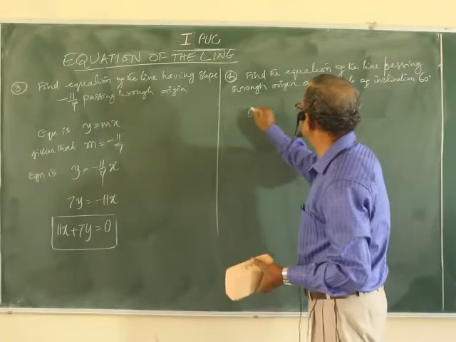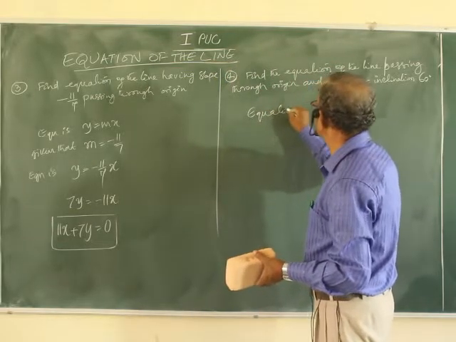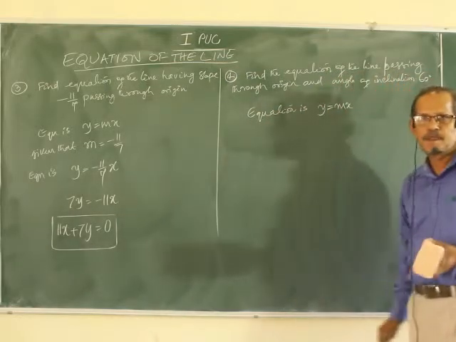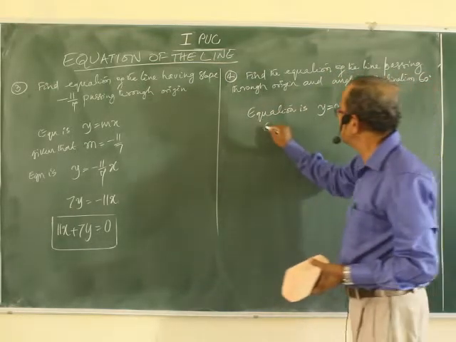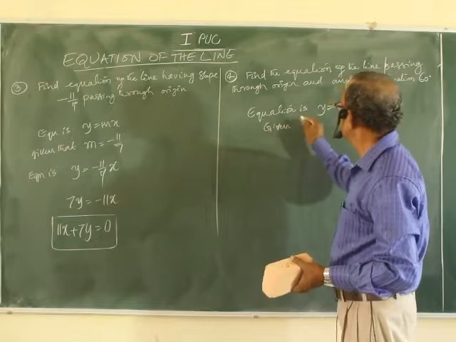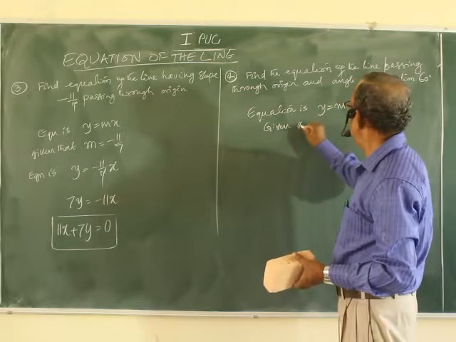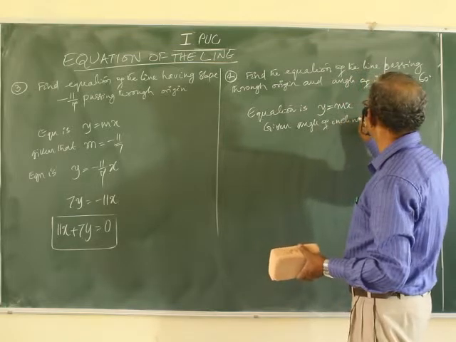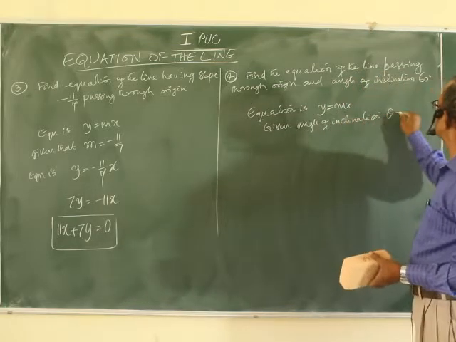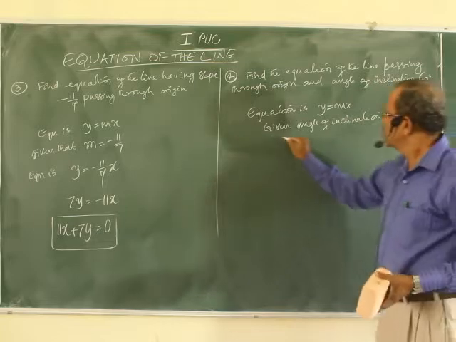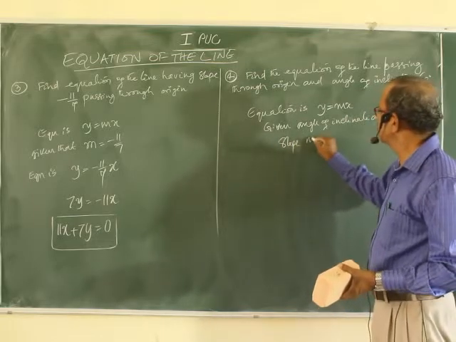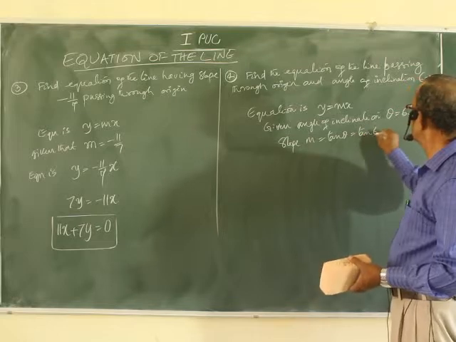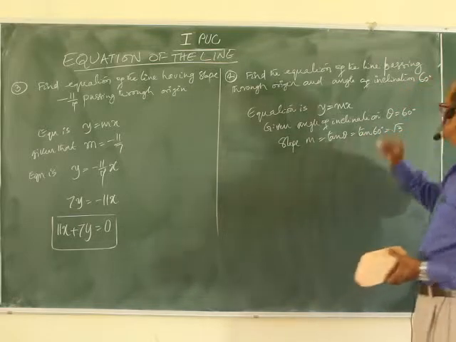So equation is y equal to mx. Given angle of inclination theta, slope m equal to tan theta, tan 60, and it is root 3.